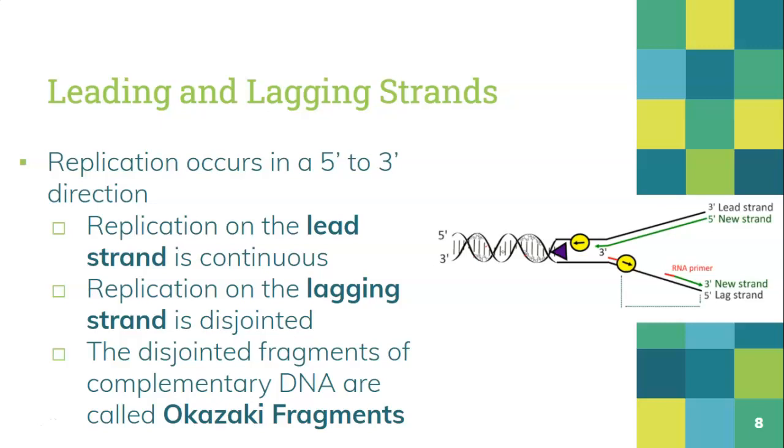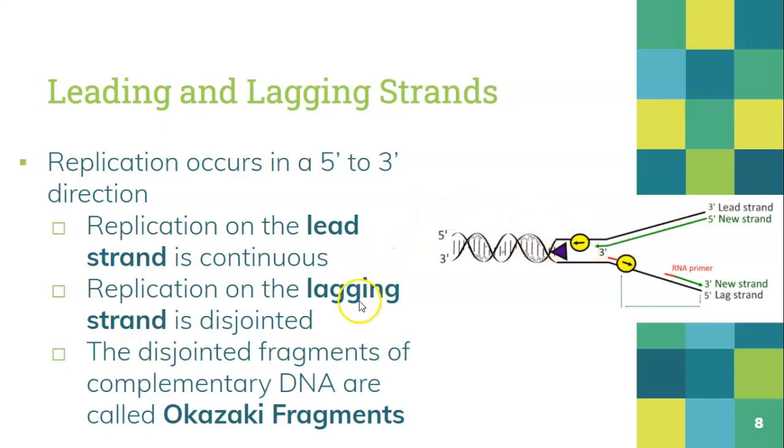So the leading strand, and you can see that here, is just going to continuously replicate as it goes through. It doesn't need to stop because it will always have this new area to replicate on, because as the DNA untwists, the new nucleotides can just join right on.